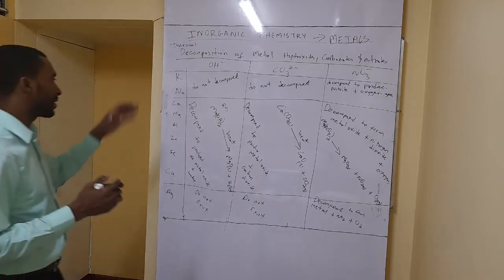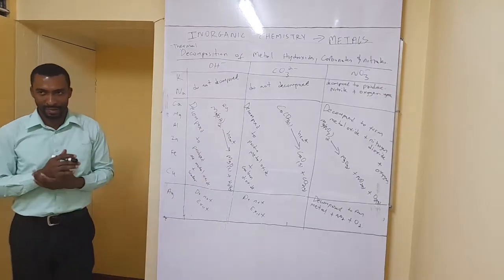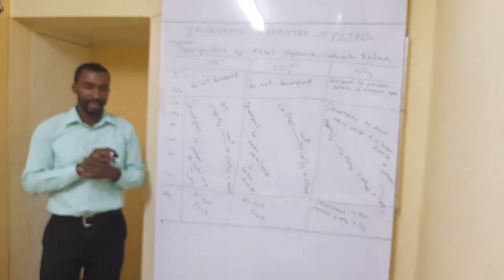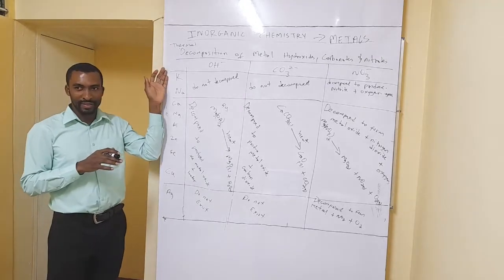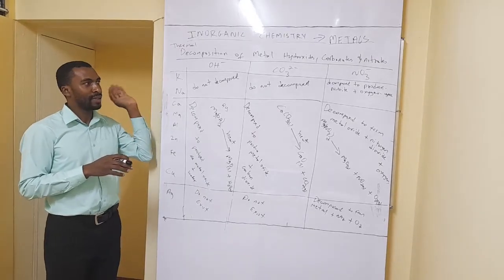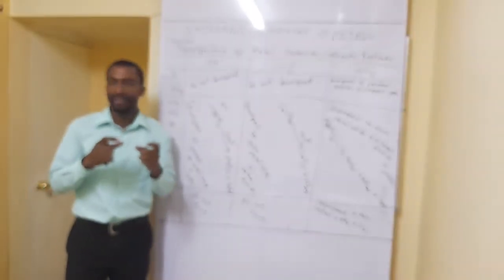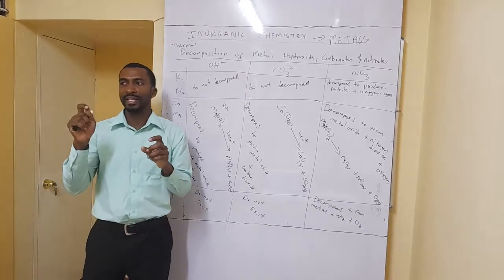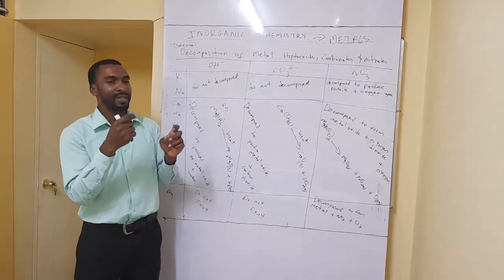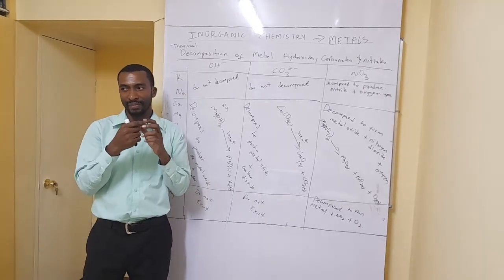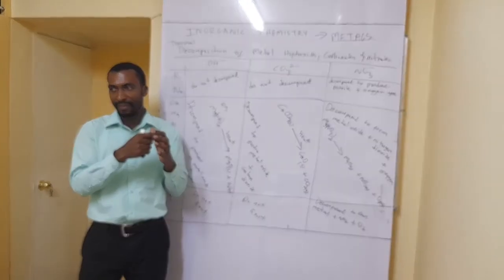So what's the general trend from the sketch that is on the board? Because the trend is to understand concepts, right? Group 1 metals, which are the most reactive, are very hard to break down. Because remember that to break down a compound with a reactive metal, it simply means that you'd have to give back the electron to the potassium or the sodium, for it to go back in the metallic form.